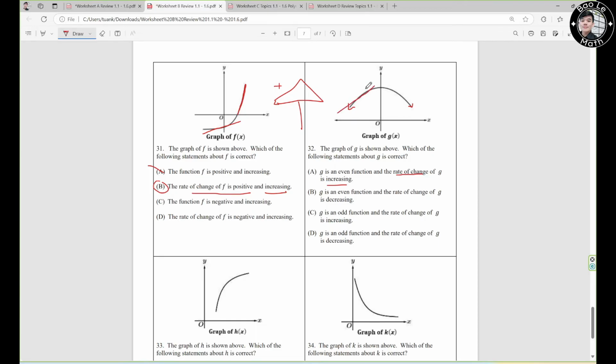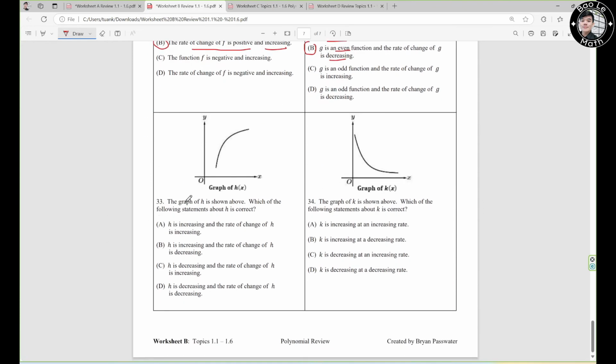The first tangent line, the second tangent line, and the third tangent line right here. You see that if the tangent line is going this way, the slope is positive, right? This guy 0, this guy is negative, right? So from left to right, the rate of change of the function g is decreasing, right? So this is wrong. Question B, yes, that's right. The rate of change is decreasing. The function is even.